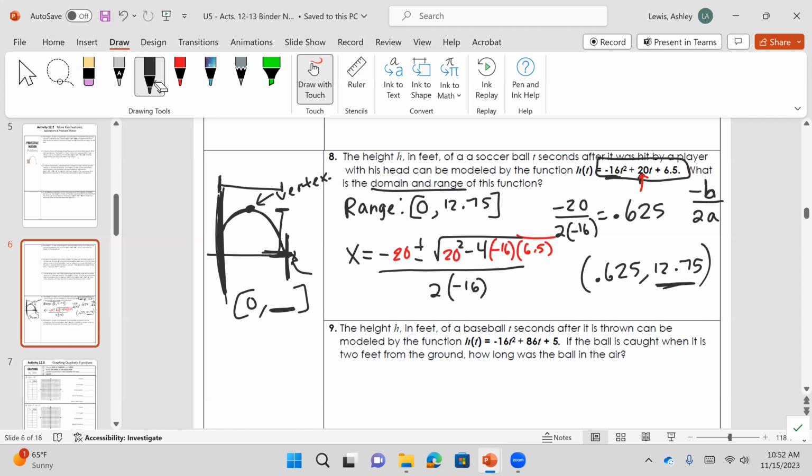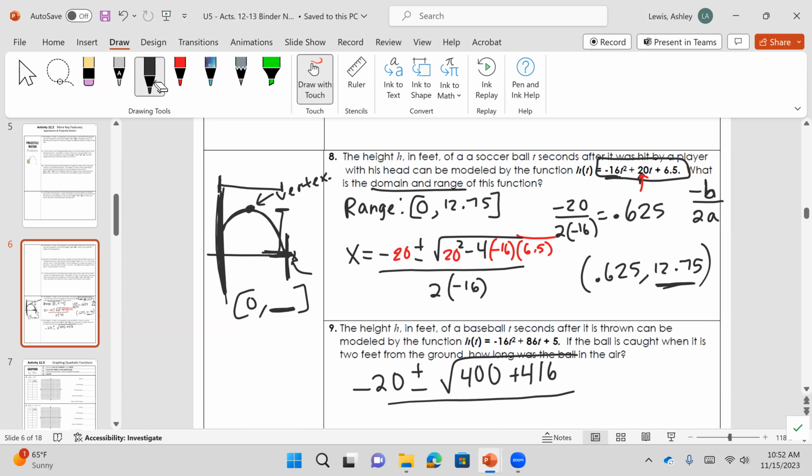Okay, so we just have to calculate that. This is negative 20 plus or minus the square root of, what's 20 times 20? 400 plus, what's 4 times 16 times 6.5? 416. Just make sure, is it right?